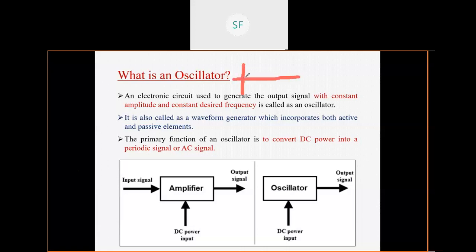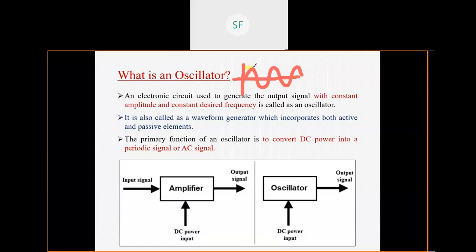Now you know that an oscillator will produce oscillations. The oscillations can be like this. If you observe the amplitude of this wave, the peak amplitude is constant, right? It is in a straight line. This type of wave has constant amplitude.